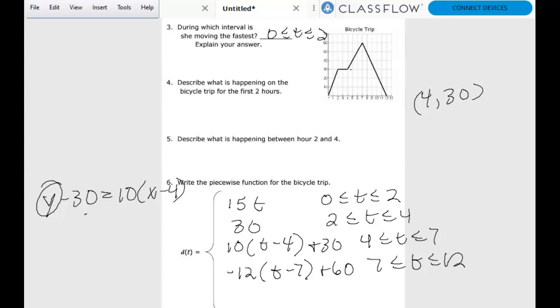Could we also say the rate of change is positive? What does rate of change mean? Slope. So the rate of change is positive. The distance is increasing from home, correct? And the line is steeper.